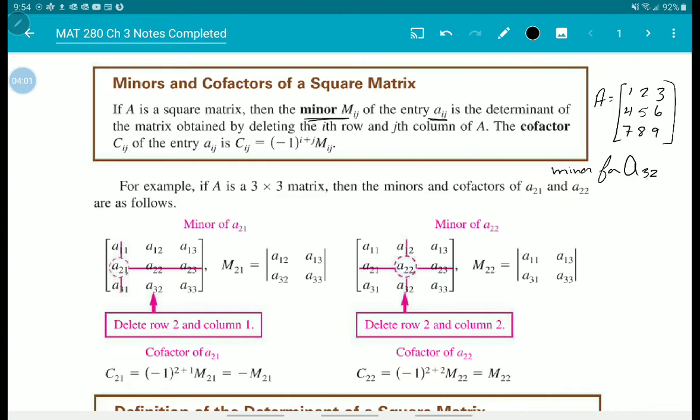So A32 is in the third row, second column. So here's A32. If I were to take that row out and take that column out, then the minor for A32 would be the numbers that are left over. So I've got 1, 4 left over in a column, and I've got 3, 6 left over in a column. So there's the minor that would correspond.